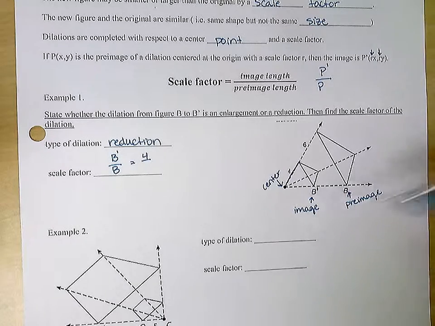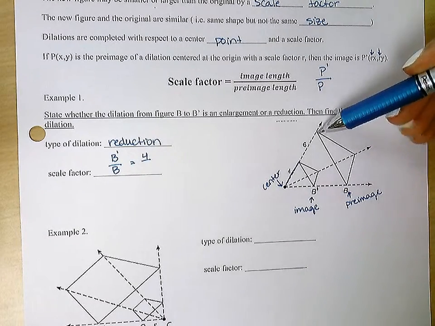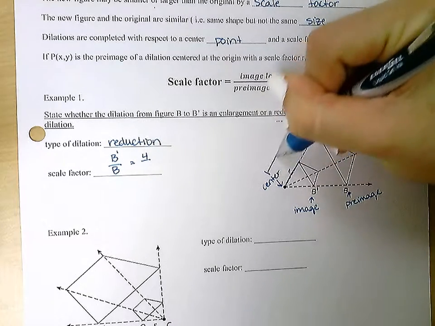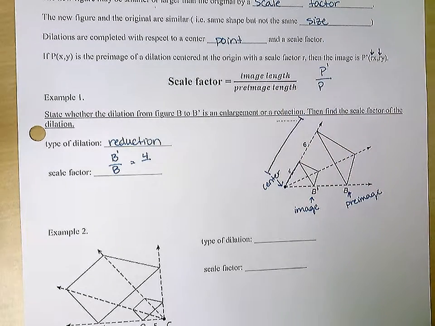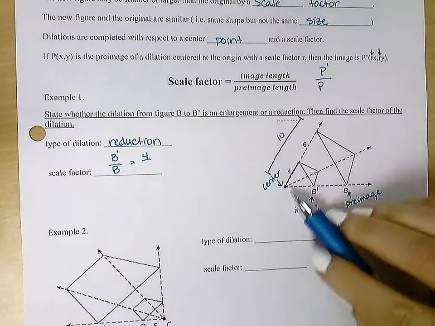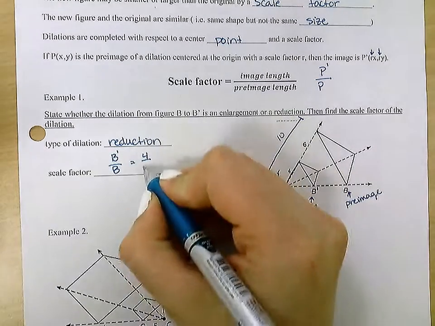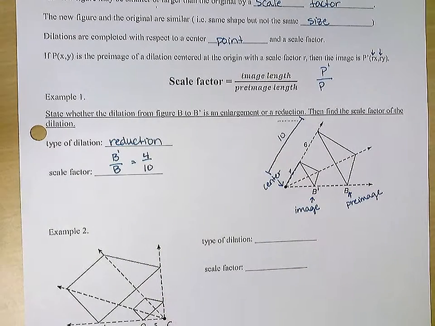Then I need the length again from the center point to the pre-image. So I need this entire length here. That is 10. So that entire length from the center to the pre-image would be 10, not 6. You're not finding the length between your pre-image and your image. You're finding the length from the center to the pre-image.